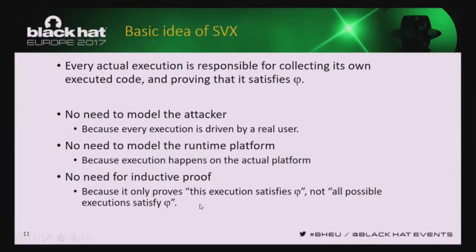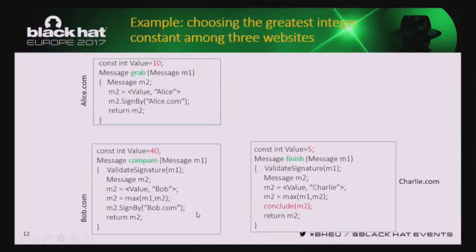Now, I know that this sounds very abstract to you. Let me give you a simple toy example. Imagine that we are building this system, which consists of Alice.com, Bob.com, and Charlie.com. Each has an integer: 10, 40, and 5. And each has a public method. Method grab simply returns Alice's value.